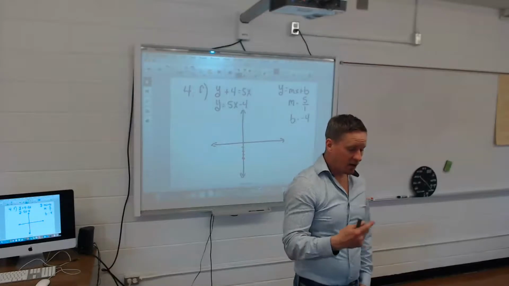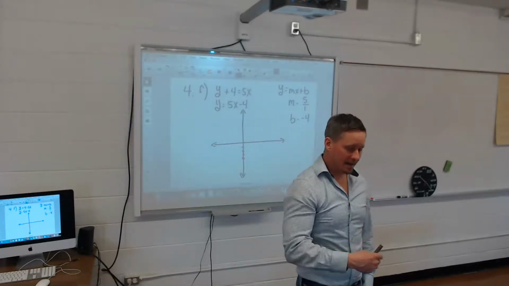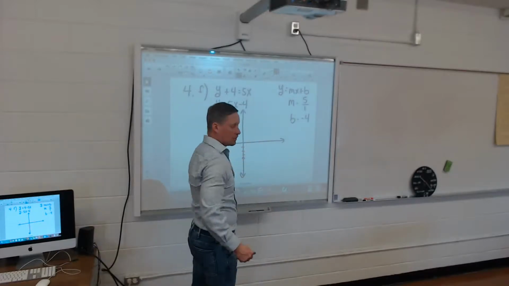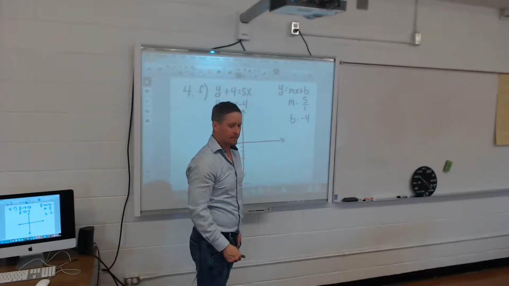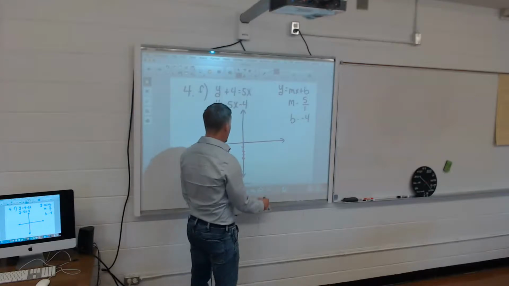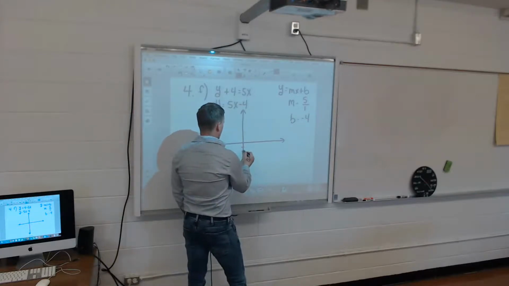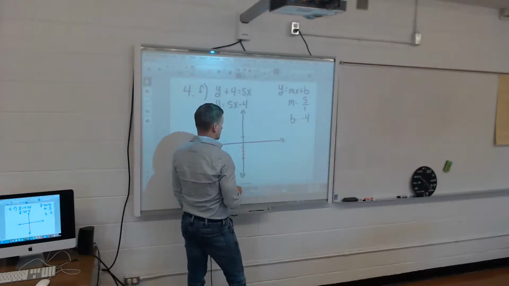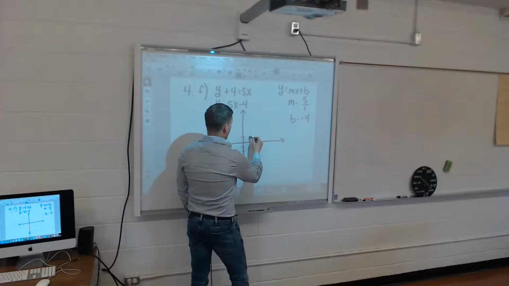So it's telling me to go up or down first, and then left or right second. So what is that slope telling me to do? Go up. Up how much? 5. Yeah, and then what direction? Right. How much? 1.